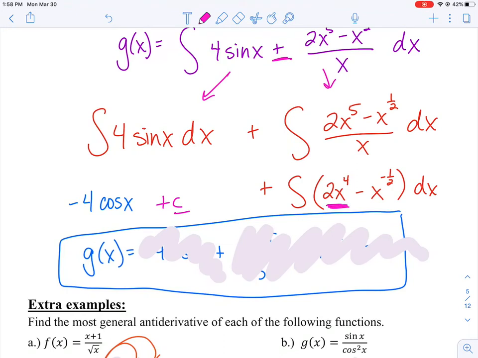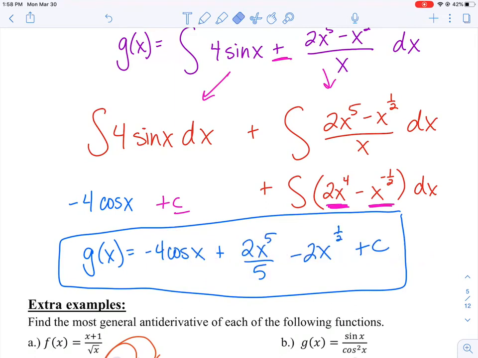So in my second piece, we should be able to integrate each of these now separately using my power rule, and so I have a final antiderivative, a g of x, as negative 4 cosine x plus 2x to the 5th over 5 minus 2x to the 1/2. That's me adding 1 to the exponent and dividing by the exponent, or multiplying by the reciprocal. That's how it turned into a 2 instead of a 1/2. And then my plus c at the back.